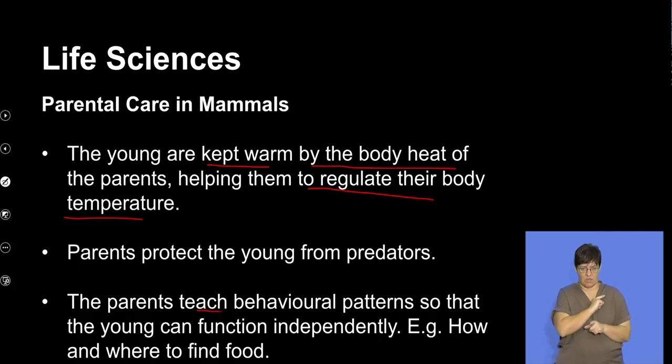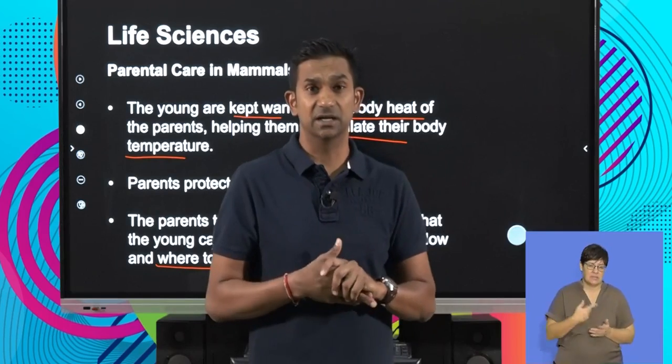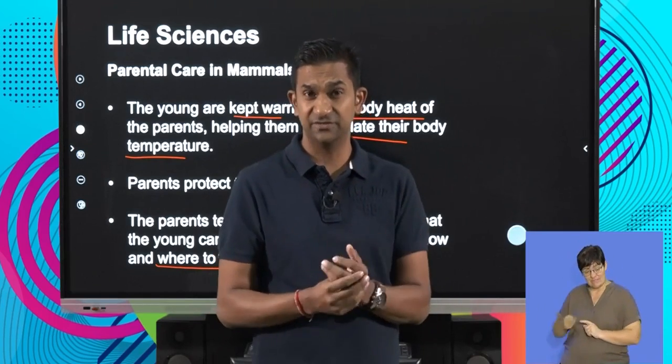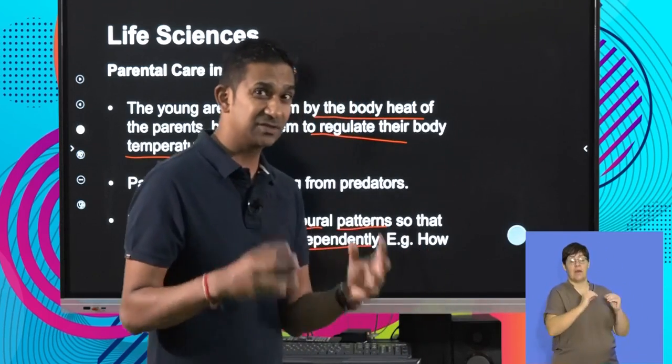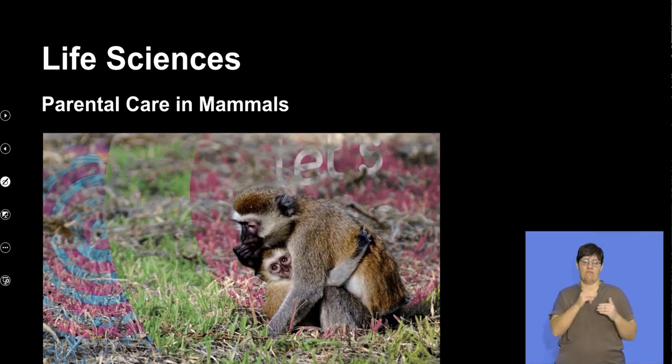The parents often teach the young behavioral patterns so that the young can function independently, for example, how and where to find food. We see this amongst our predators, where wild dogs or even leopards and lions teach their young how to hunt and to survive independently. This is part of an instinctive behavior that is seen as part of parental care.